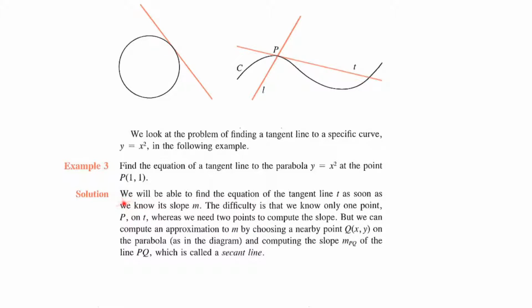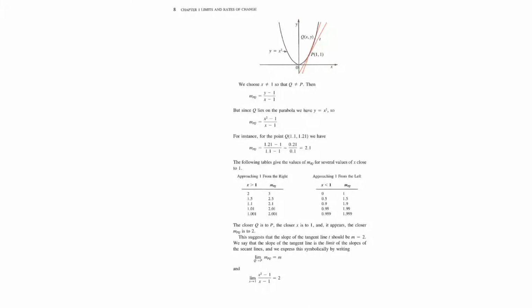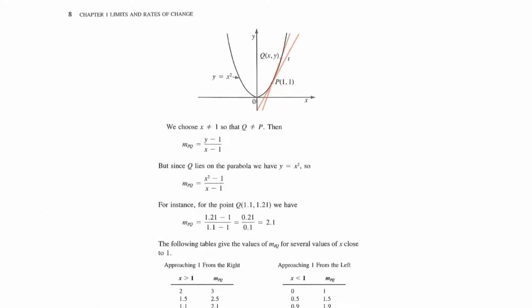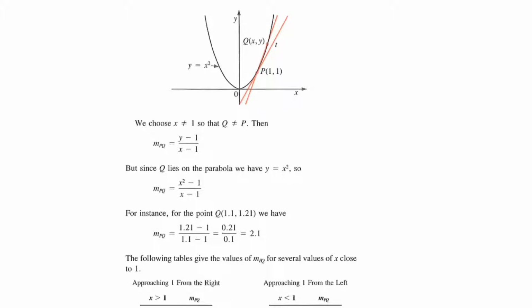In order to write the equation of the tangent line, we need the slope of the line. To find the slope of the tangent line at (1, 1), we call it P. We pick a point Q on the curve with the x coordinate of x and y coordinate of y.